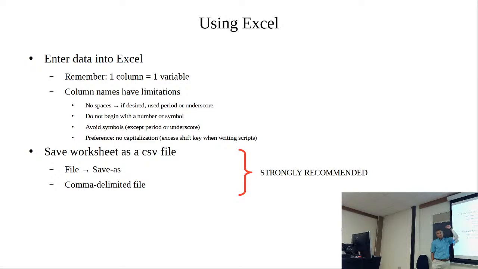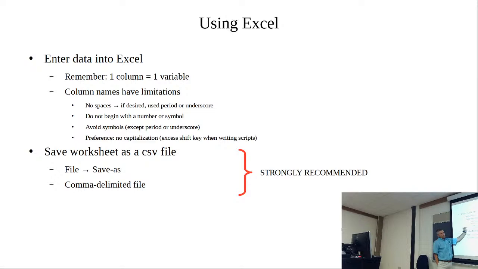Number two, don't begin that variable name with a number or a symbol. It should be a letter. If you don't, you'll get an error. I don't think R will import it. Really, we should avoid any symbols. Sometimes the symbols serve as a trigger for some function. So just avoid symbols in general, the exception being underscore or period.